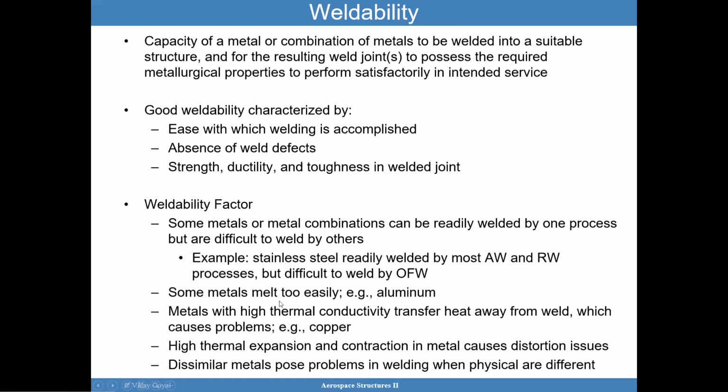Some metals melt too easily, like aluminum, so may not be conducive to some of those techniques. Metals with high thermal conductivity transfer heat away from the weld, which causes problems. Copper is an example. High thermal expansion and contraction in metals causes distortion and can be an issue. And then dissimilar metals pose problems in welding when physical material properties are quite different.